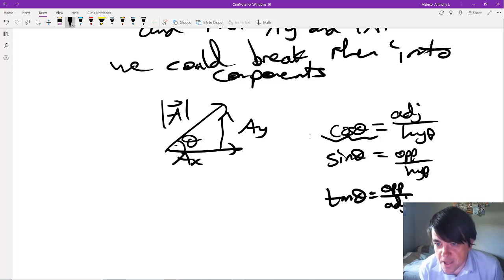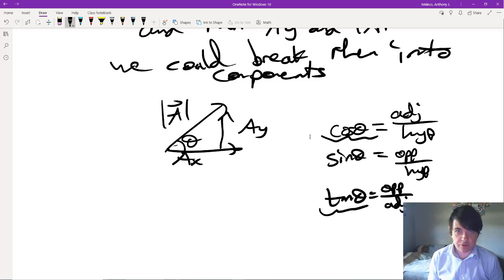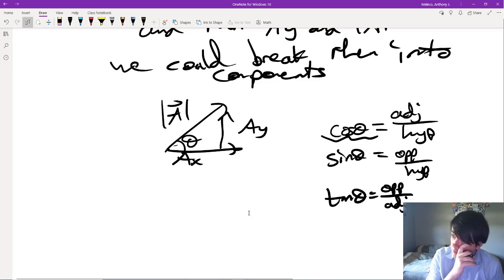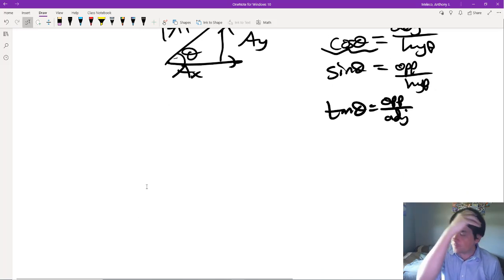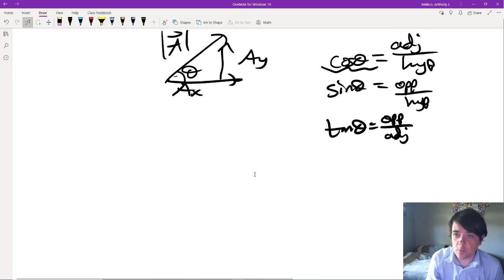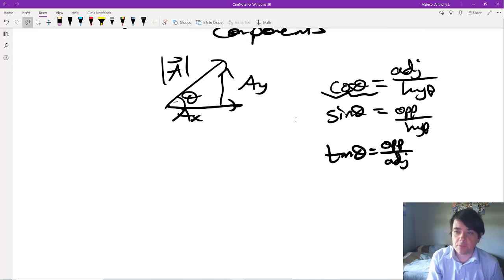Now, there's many, many more trig functions than this. If you look up sailing, there's a crazy amount. But in this class, we're really only going to use these three pretty much all the time. I don't even know of anything else that we'd ever use. But knowing these and being able to use them well is necessary, okay?